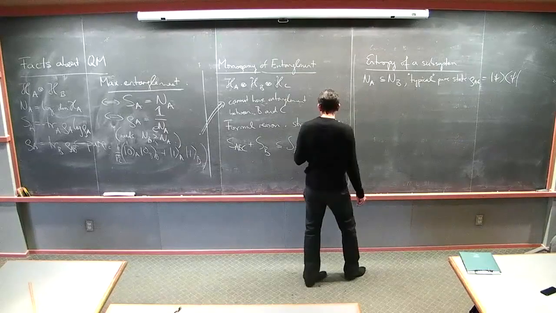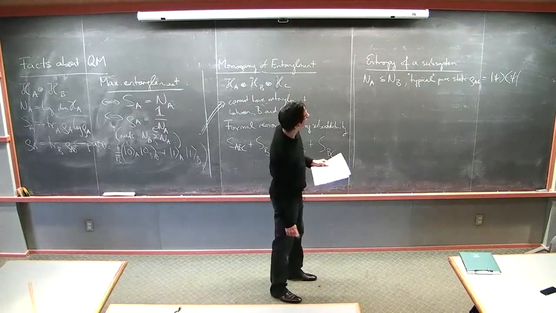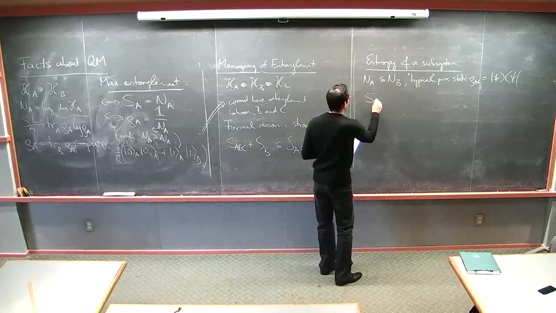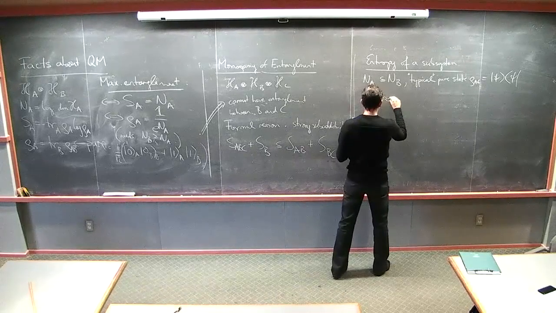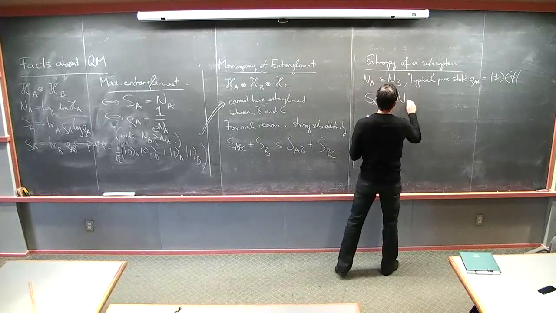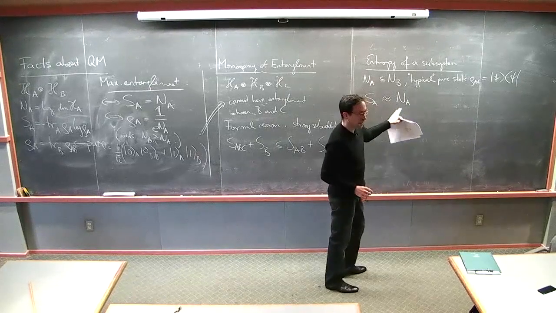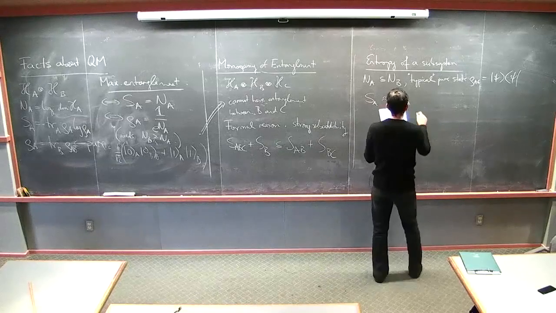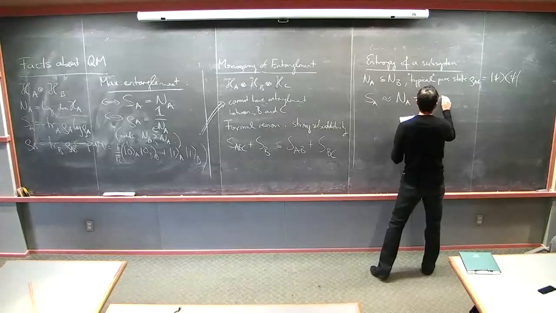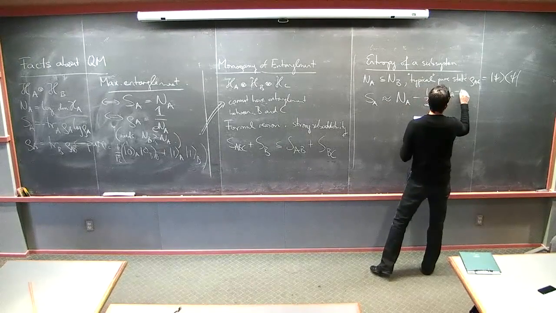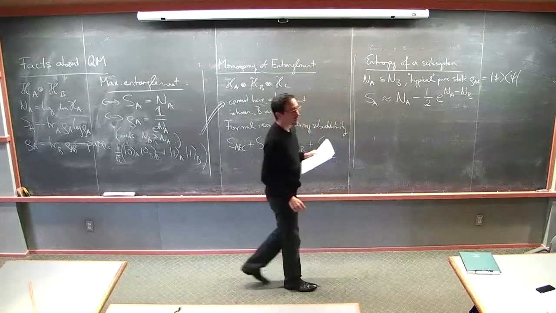And what Page showed is that in this case, SA is, to an extremely good approximation, given by the maximum entropy that A can have, given the size of its Hilbert space, minus a small correction, which is at most a half, and is exponentially small if the Hilbert spaces differ a lot in dimension.